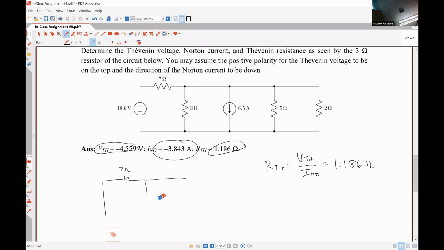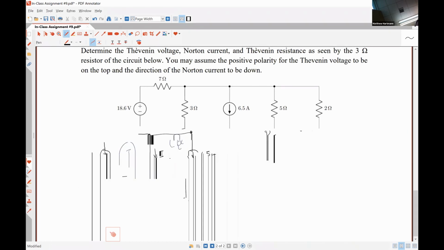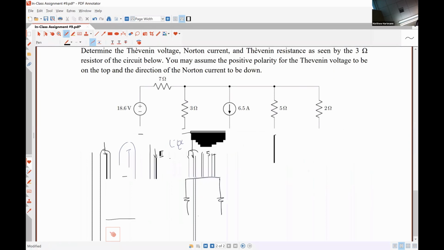Oh, no, the 3 ohm resistor will not be there because that's what we're trying to find the equivalent resistance with respect to. So here's our 5 ohm, this is our 2 ohm. So these are just these 3 resistors in parallel.